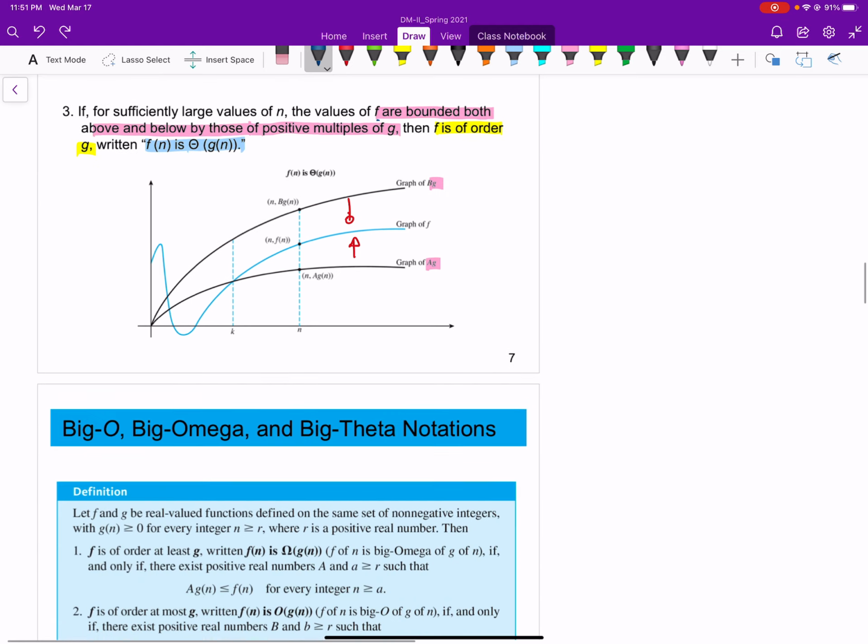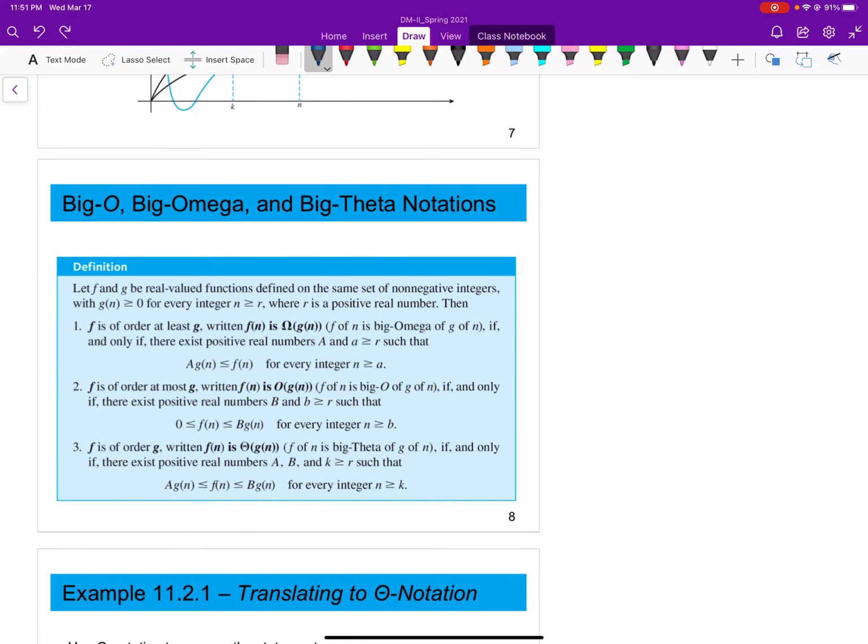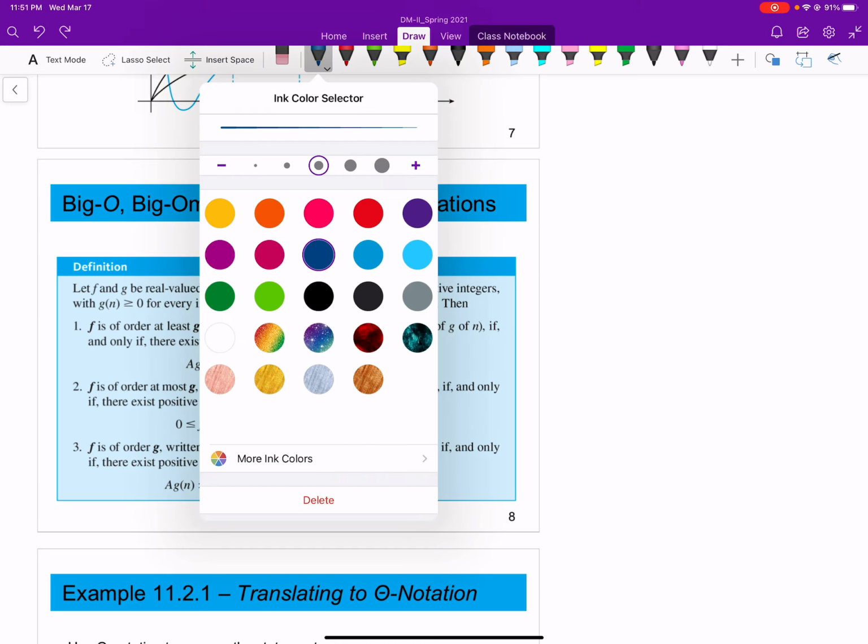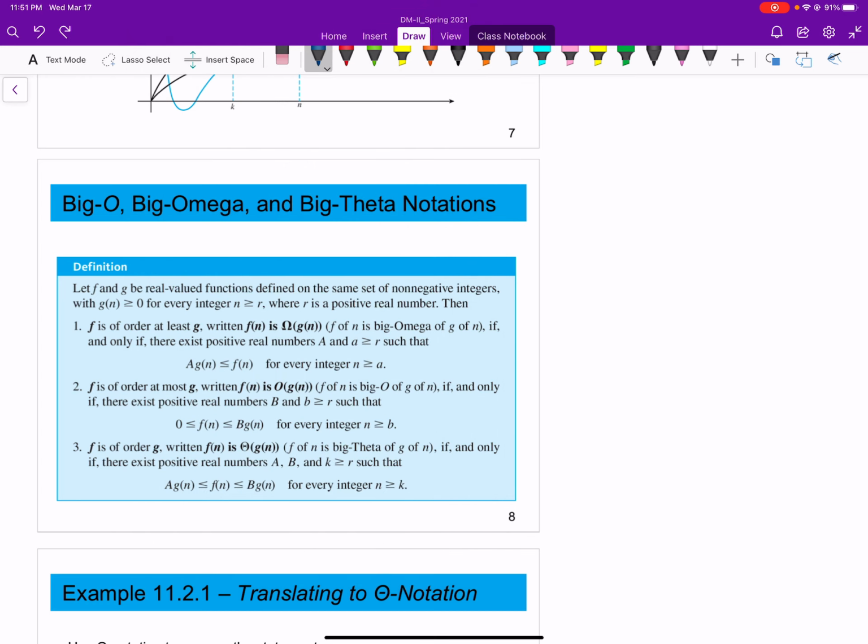All right, so let's go down. Now we have all three definitions in one place. We have already learned this, but let me just read it.